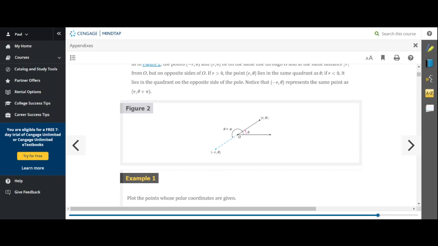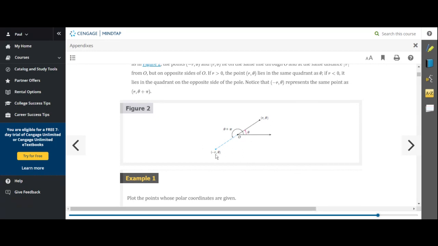So r, theta, you should be comfortable with that polar coordinate. But what's negative r, theta? Well, with polar coordinates, you can have negative radiuses. You are allowed to have negative radiuses. So what happens here with negative r, theta? Well, let's do the r, theta polar coordinate first. To get at that point, you measure an angle theta and you move forward a distance r.